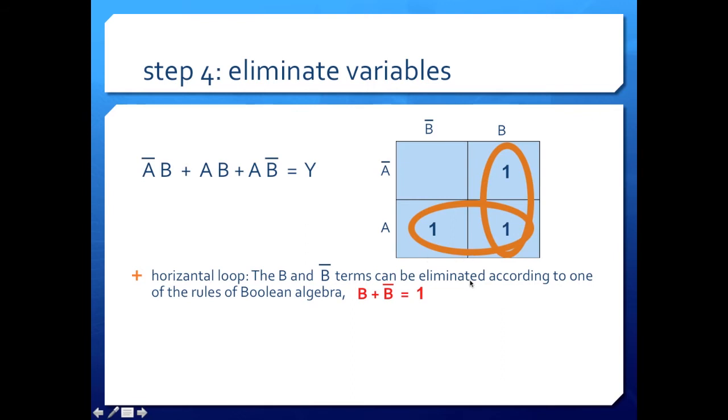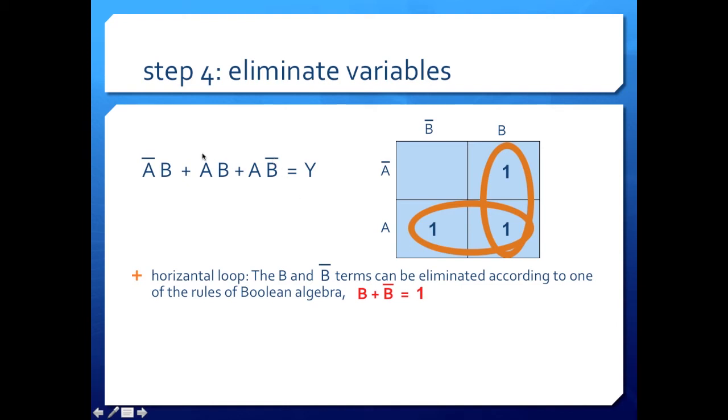So in Karnaugh mapping, we want to take these individual variable terms and their complements when they're in the same row or column, and we want to eliminate them. And we use that rule that we've seen before, which is B or B naught. Whenever you have a B or B naught, or A naught, you're going to result in 1. You're always going to have a 1 there.